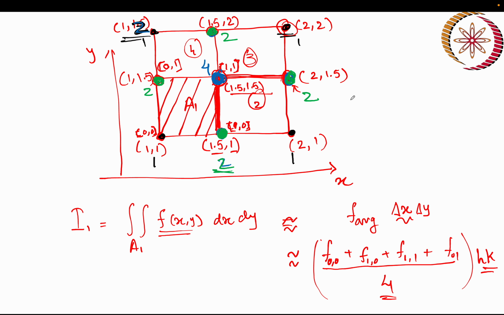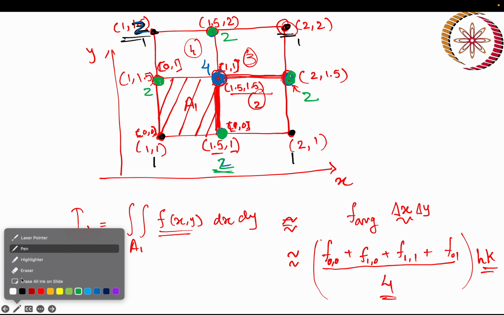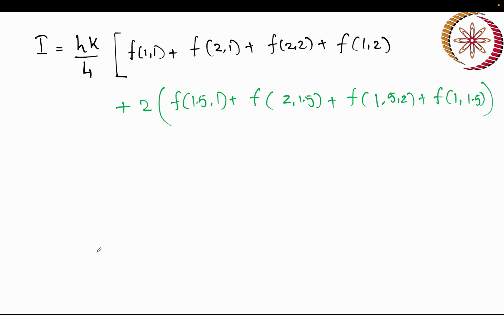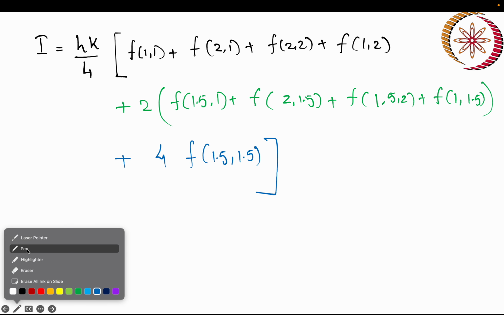Okay, so we have covered the terms which are at the center of the edges, and last we'll write the central term, plus 4 times f of 1.5, 1.5. Okay, so this is much simpler than writing all the points, so we can substitute the values in this.